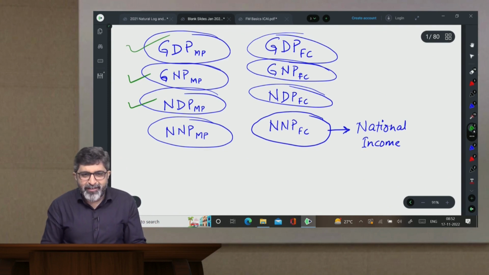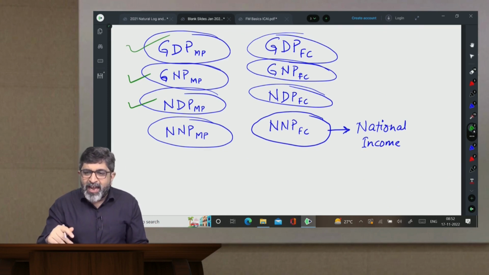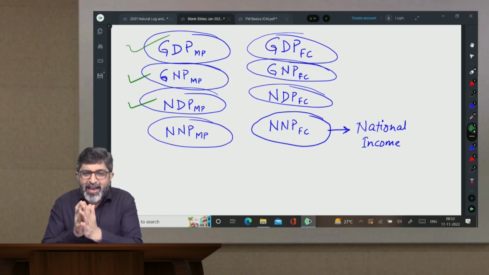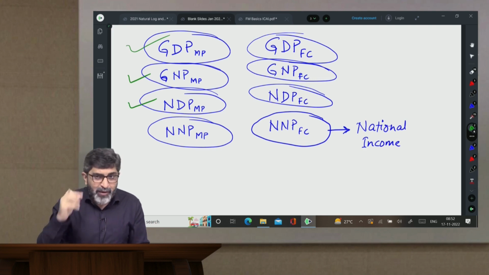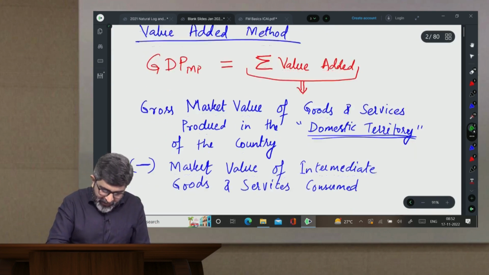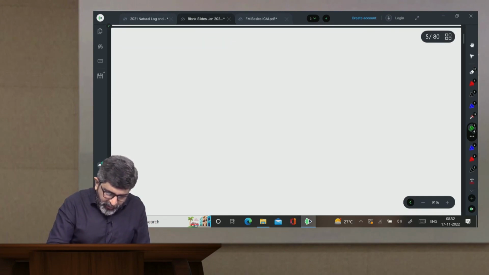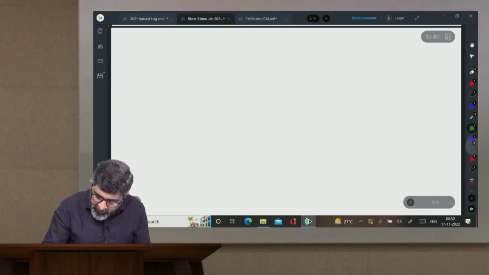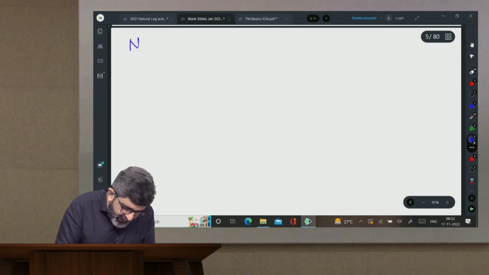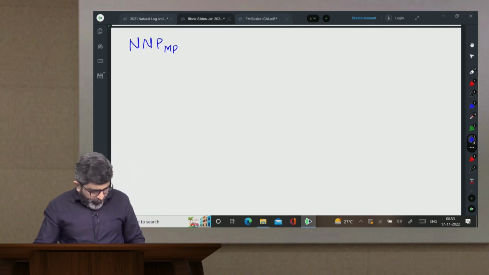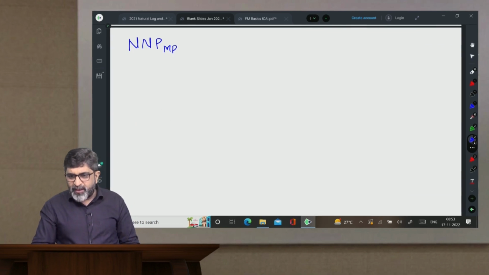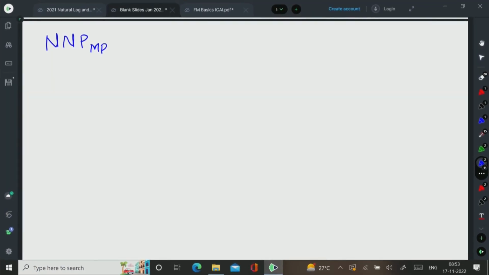Now if I want to arrive at NNP at market price, net national product at market price, how will I do it? Let us establish that relationship. So here we want to find NNP, net national product at market price. I believe you are now efficient enough to write it along with me, so that we don't end up taking too much time.